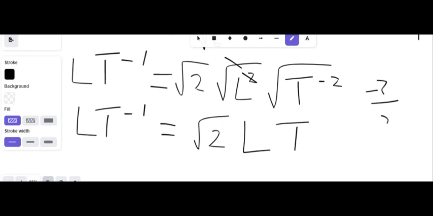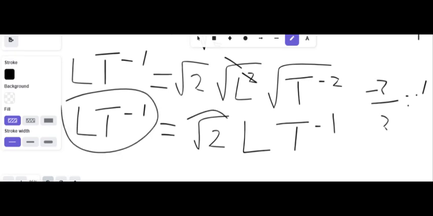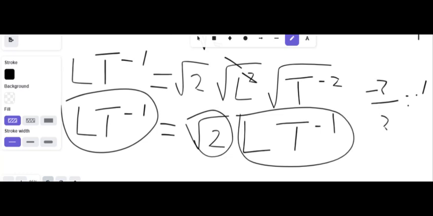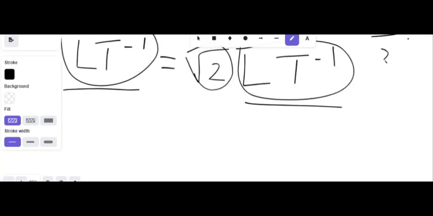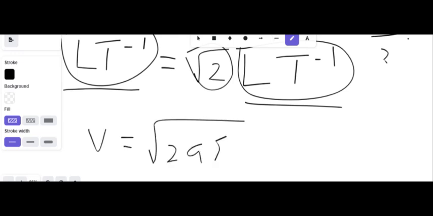It's going to be minus 1. So this is t to the power minus 1. So this is Lt to the power minus 1 equals to a number. We don't care about the number. Lt to the power minus 1 equals to Lt to the power minus 1. Then the equation v equals to square root 2as is dimensionally correct.